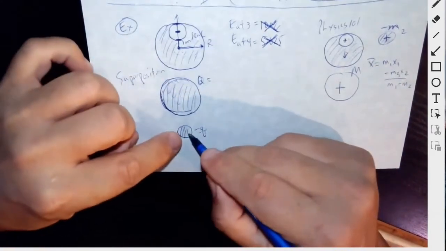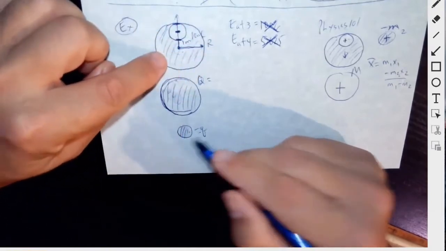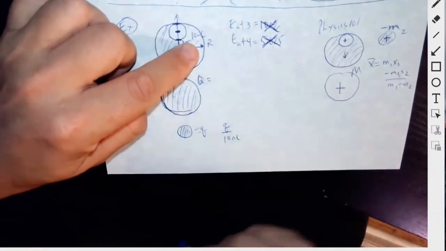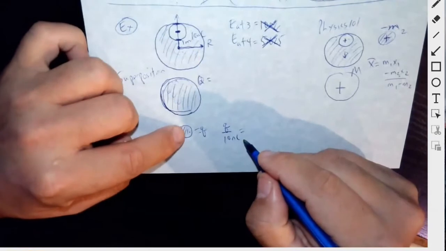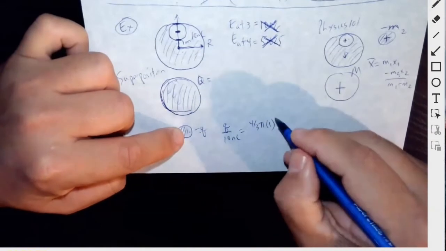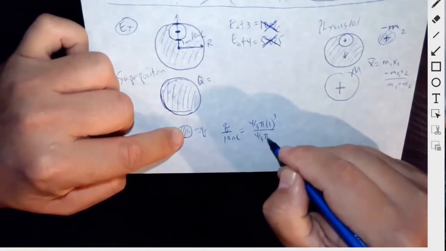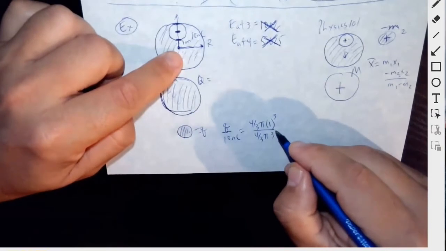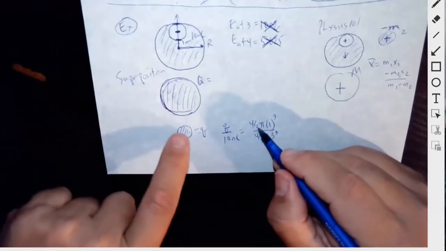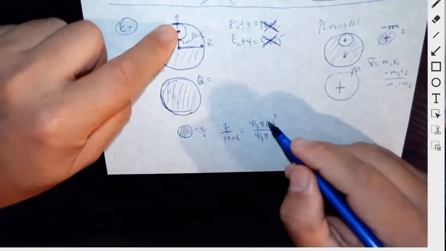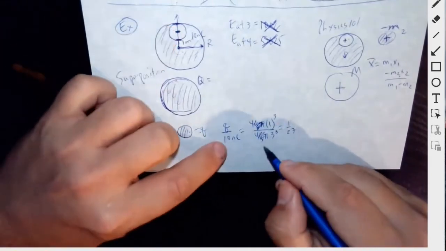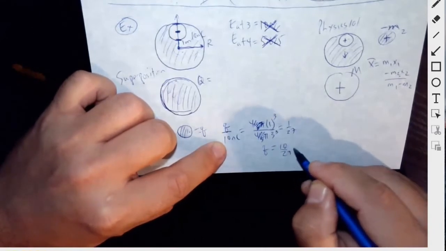It's a simple ratio of the volume of this to the total volume. So the little q over 10 nanocoulombs is the ratio of the volume of this, with radius 1, to the volume of that. This cancels this, so that's going to be 1 over 27. So the little q is going to be 10 over 27 nanocoulombs.